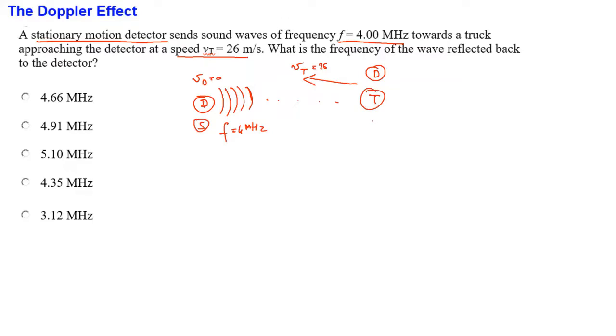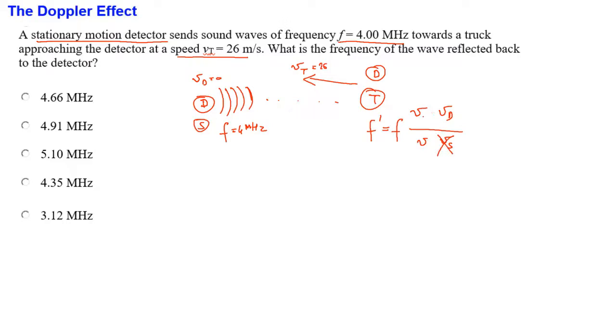So first I have to get what is the frequency F prime received by the track. F prime will be F (V ± VD)/(V ± VS). Here VS is 0 because the motion detector is my source of sound, so it's stationary, so it's 0.